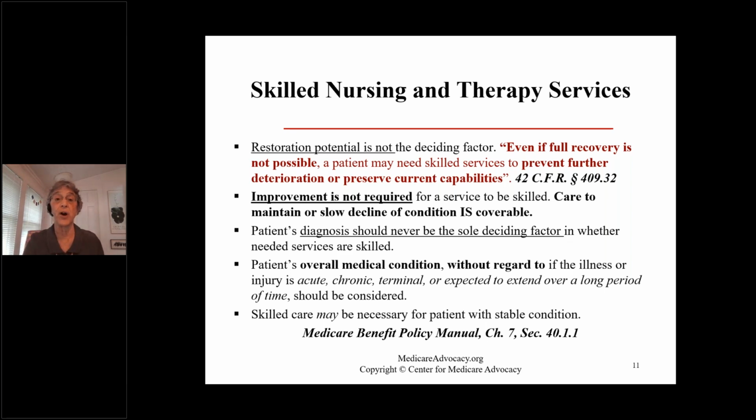Again, if the answer is no, push ahead and try to get Medicare coverage. Skilled care has been clearly defined as possible for patients with stable conditions, and you can find that in this section of the Medicare Policy Manual.